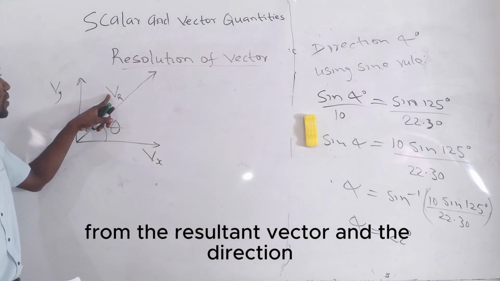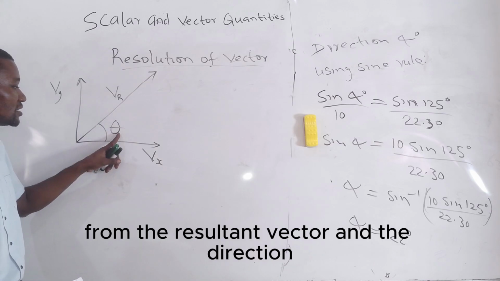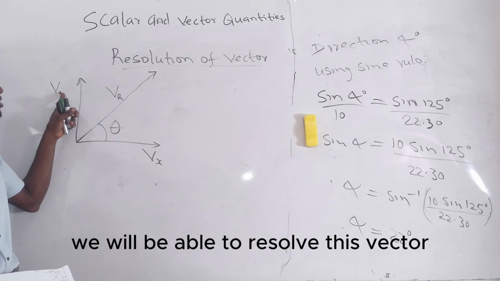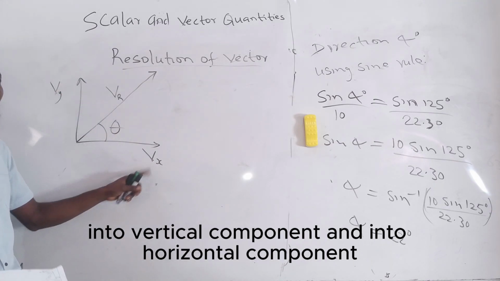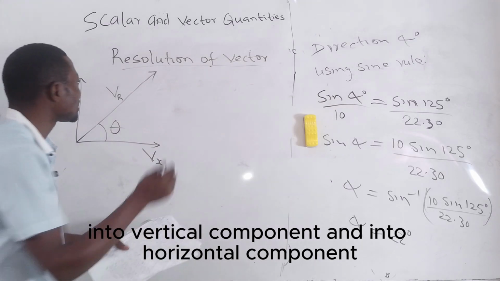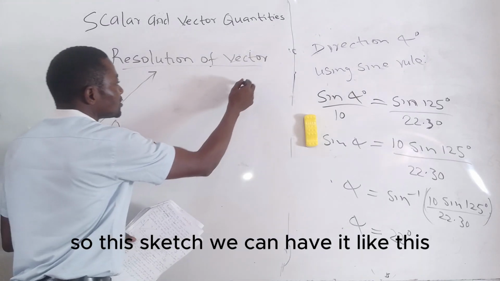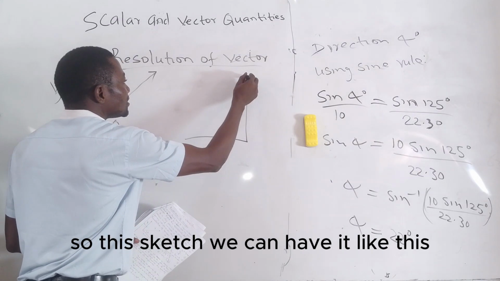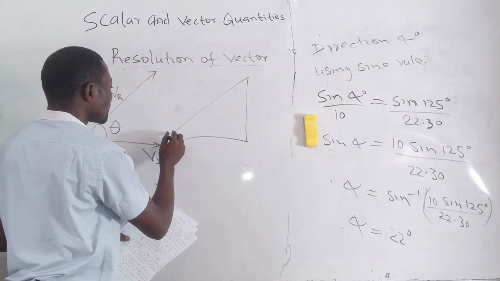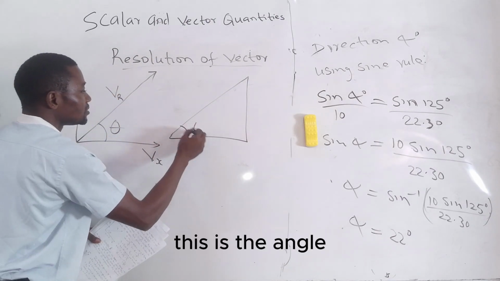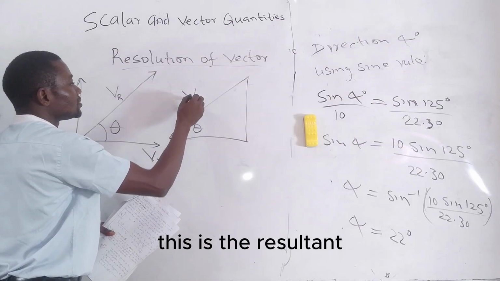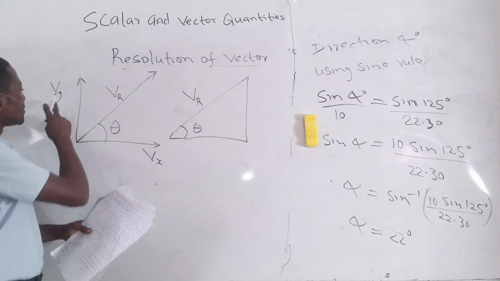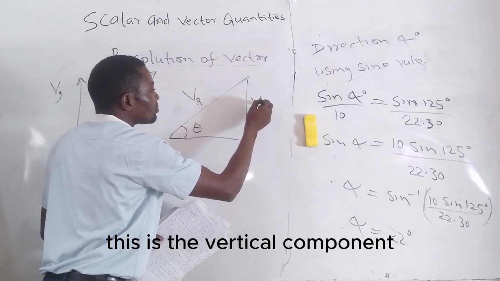From the resultant vector and the direction, we will be able to resolve this vector into vertical component and horizontal component. So this sketch, we can have it like this. This is the angle. This is the resultant. This is the vertical component.